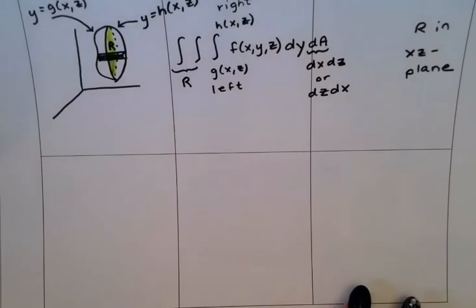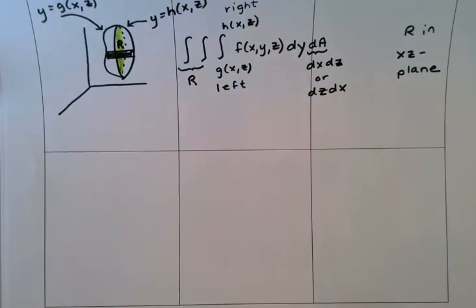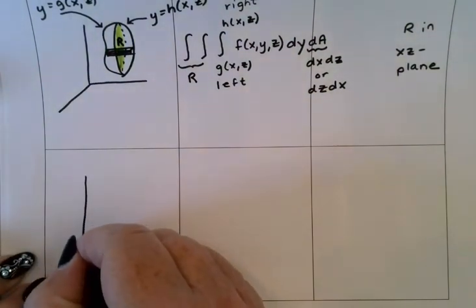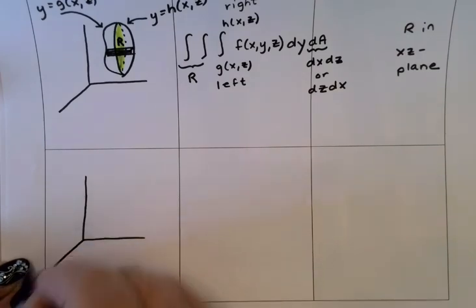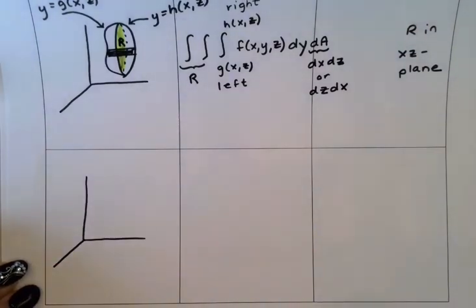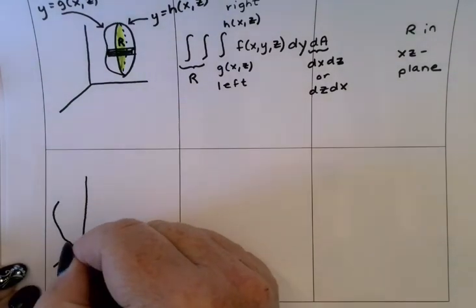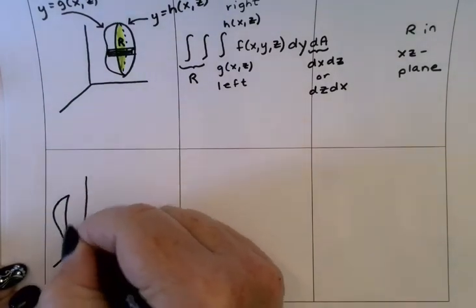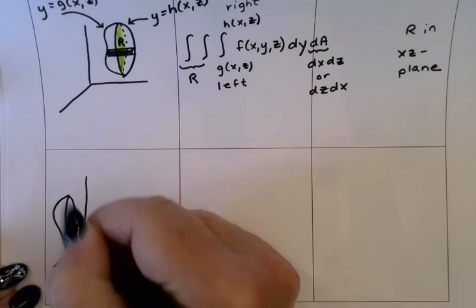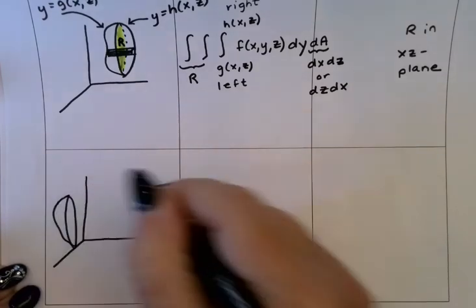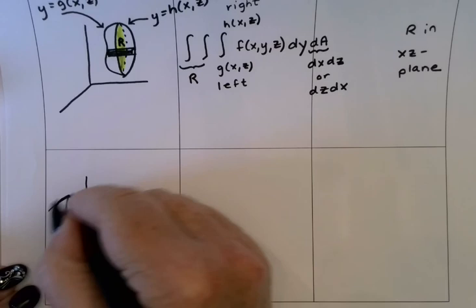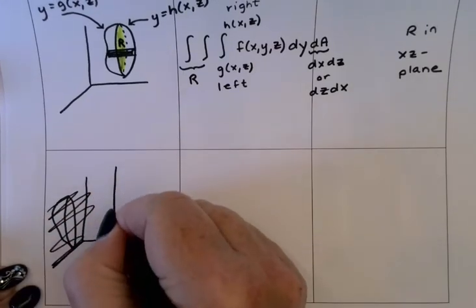All right, one last picture. What if I have a front-to-back situation? I'm not wild about that drawing. I'll tell you what, I'm going to try that one more time. Squeeze it in up here.